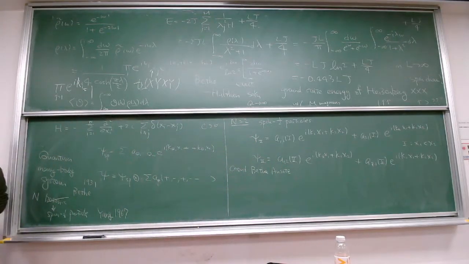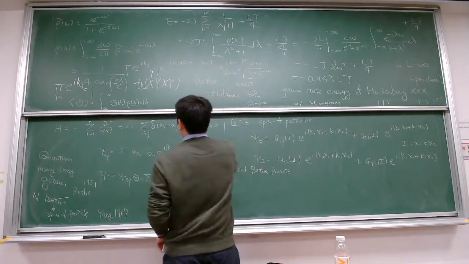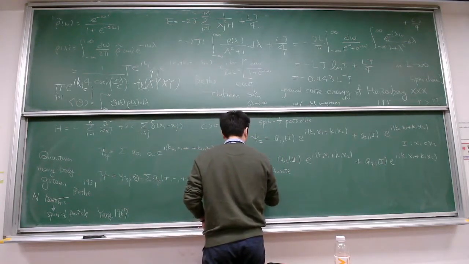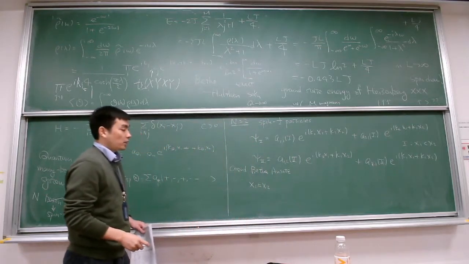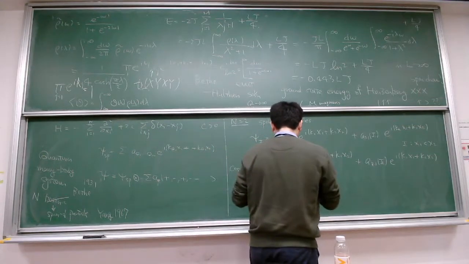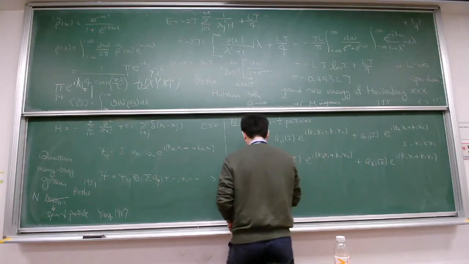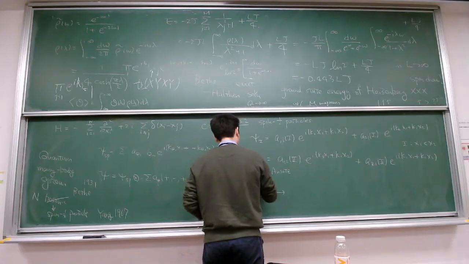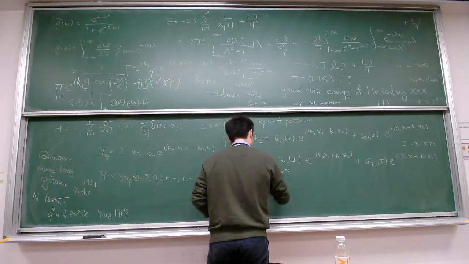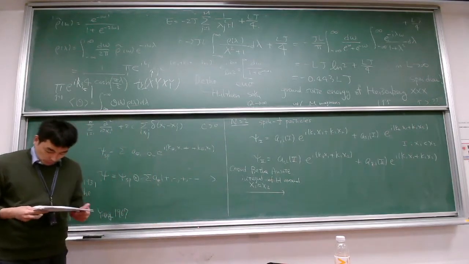And again, we are interested in x1 almost equal to x2, around the region x1 equals x2, and we integrate the Schrödinger equation with this Hamiltonian around x1 equals x2.